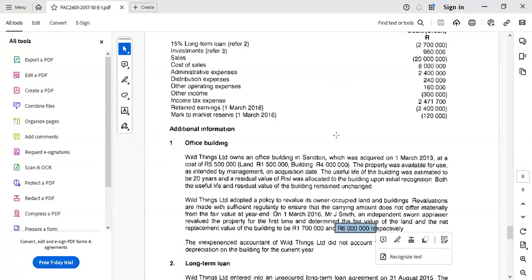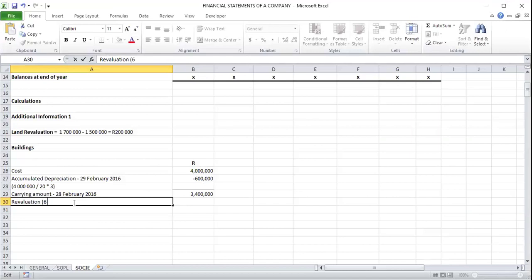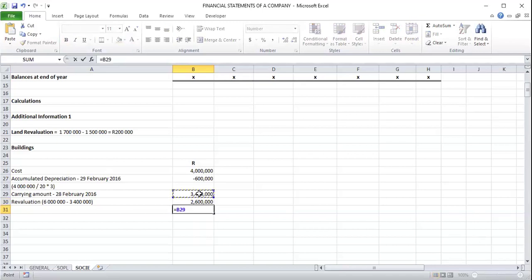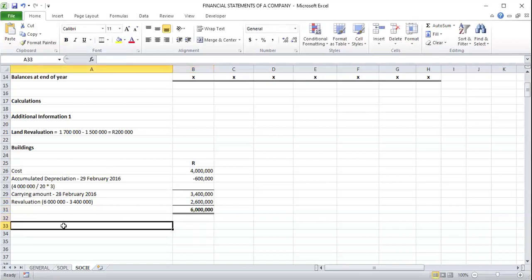So our revaluation was 6 million minus 3.4, of which you get 2.6. Right, then we get our total, $6 million.